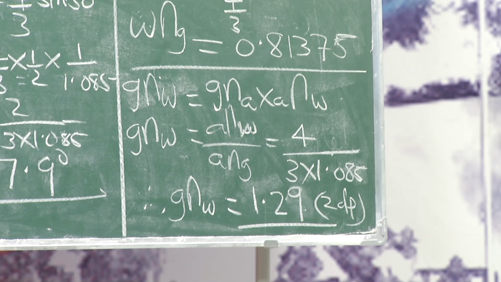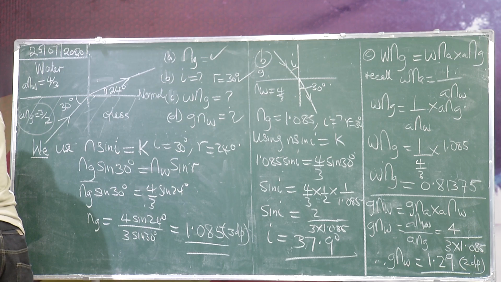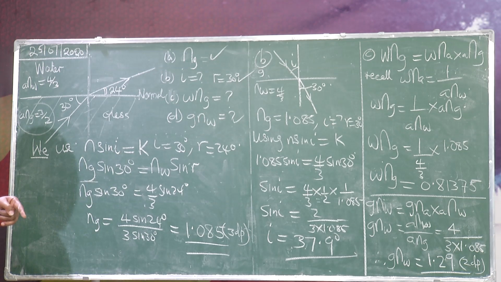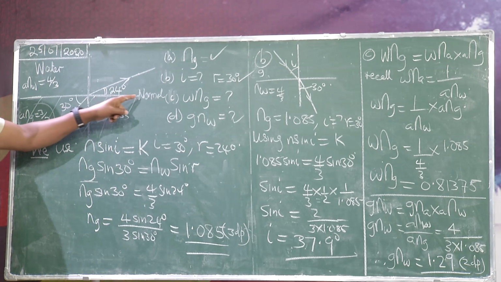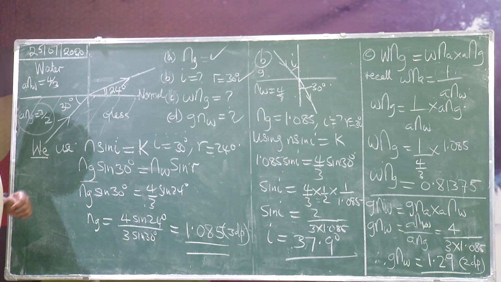That gives us the final bit of the values for that number that I left behind. For those that tried it out and assumed the normal was here, you should have got exactly those answers.